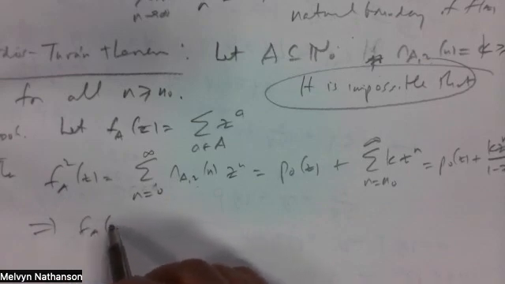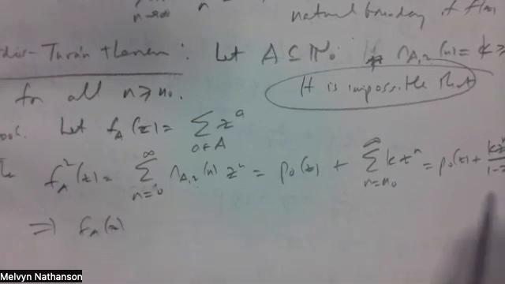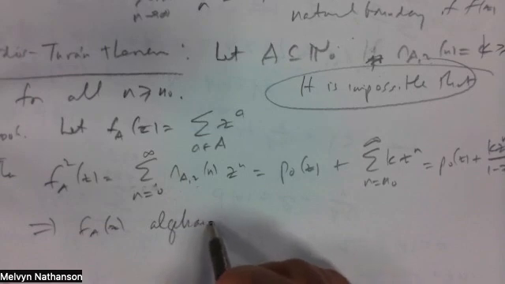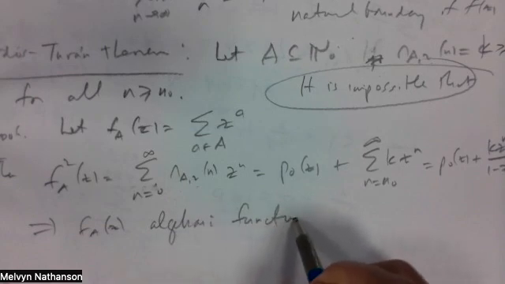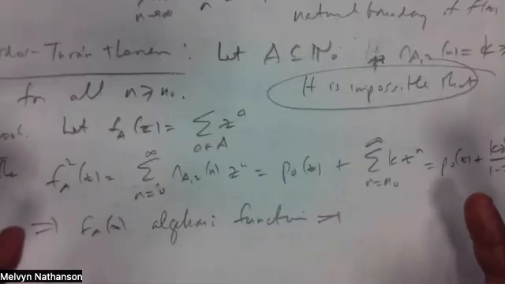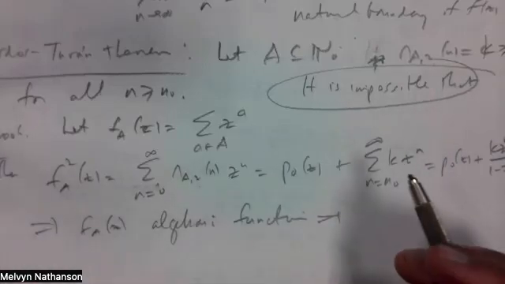So f_A of z satisfies a certain polynomial equation. It's an algebraic function. And for an algebraic function, the unit circle is never the natural boundary.